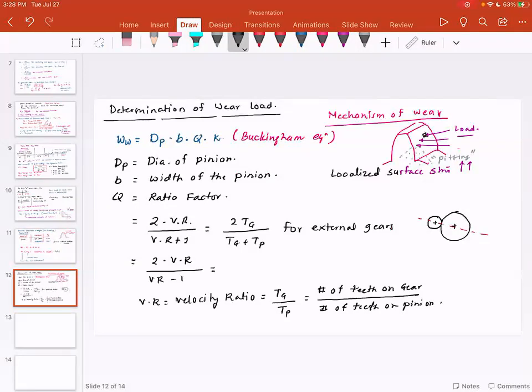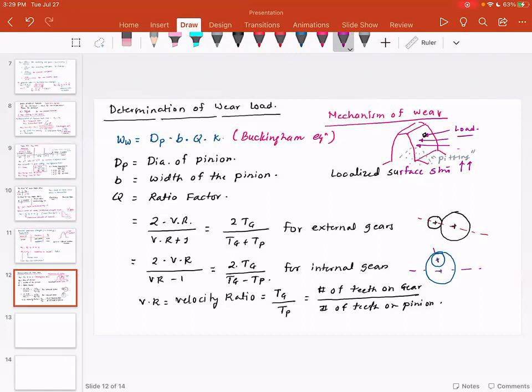So this becomes 2 times TG divided by TG minus TP in the case of internal gears. You can think about gears that are rolling inside.